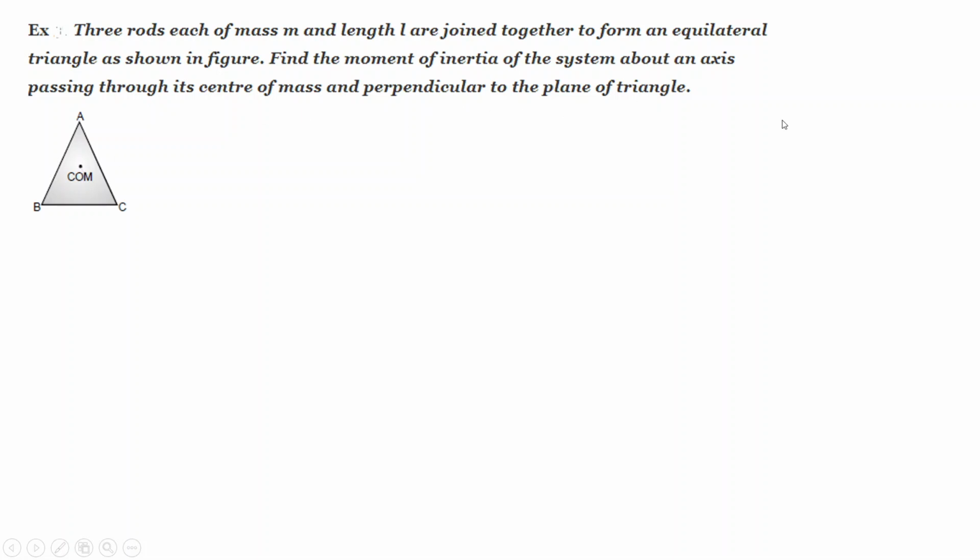So as I was mentioning earlier, the center of mass is where we imagine the whole mass of the object is situated, and it can be balanced by balancing at that particular position. Here we see that this is a setup made by rods. One rod is in this position, one rod is in this position, the third rod is in this position.